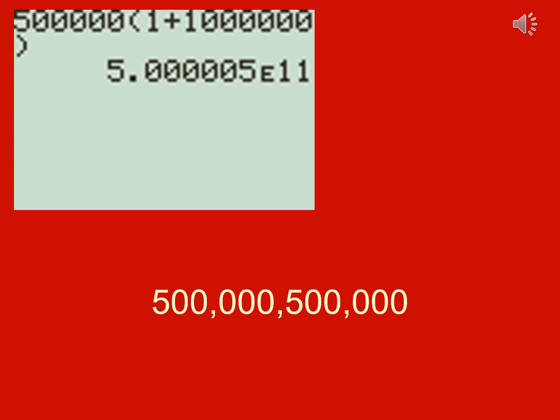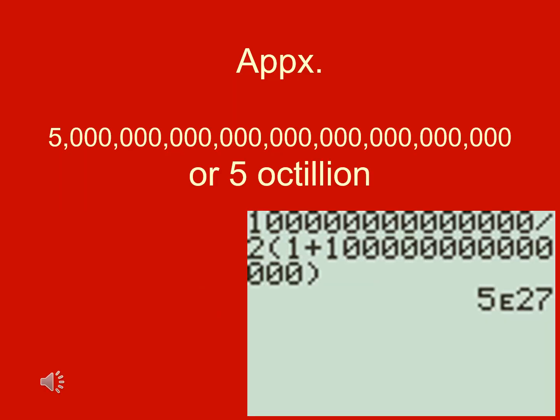And you can see we get 500,500,000 as our final answer. And when we do the 100 trillion one, we get a ridiculously large answer. It ends up being about 5 octillion, but the idea is still just the number of things divided by 2, and then first number plus last number.